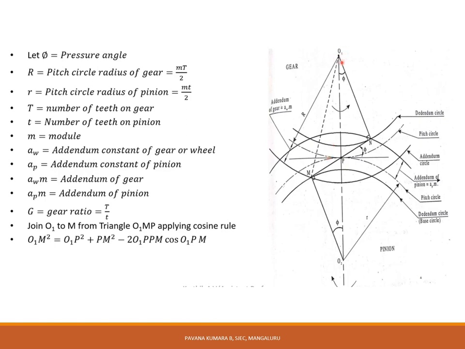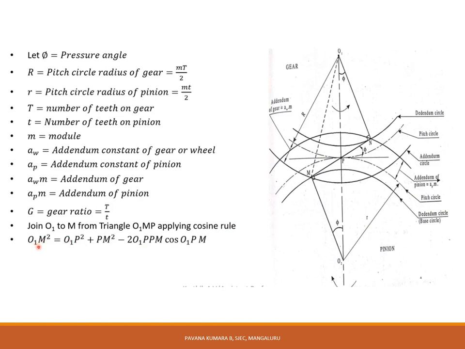O1M square is equal to O1P square plus PM square minus 2 O1P and PM cos O1PM. So that is the cosine rule. Sine rule as well as cosine rule is there for triangles. Just refer to Google to see the cosine rules.